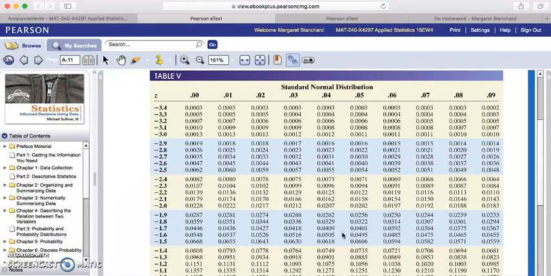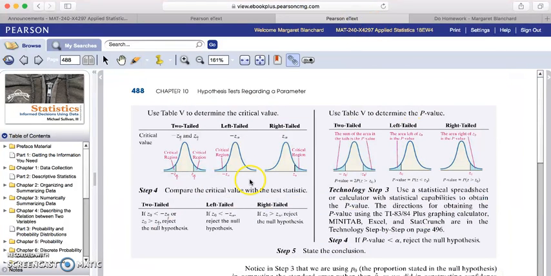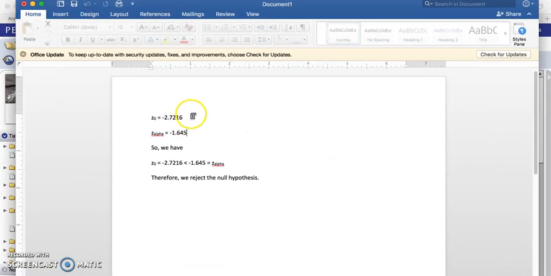Okay, so let's go back to our little table here. For the left-tailed test, if Z naught, our test statistic, is less than negative Z alpha, our critical value, then we would reject the null hypothesis. In this case, Z naught is equal to negative 2.7216. Our Z alpha is equal to negative 1.645.